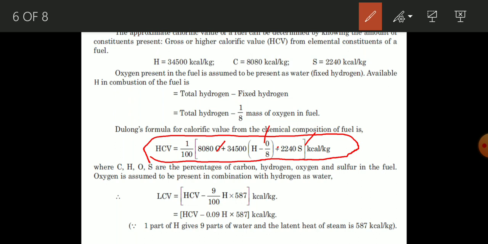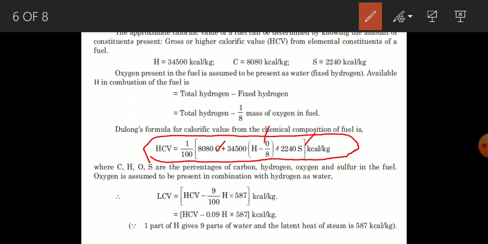Means these three elements, these three substances only, contribute to the calorific value of any combustible substance, any fuel. So the approximate calorific value of a fuel can be determined by knowing the amount of constituents present, the gross or higher calorific value from the elemental constituents of the fuel.